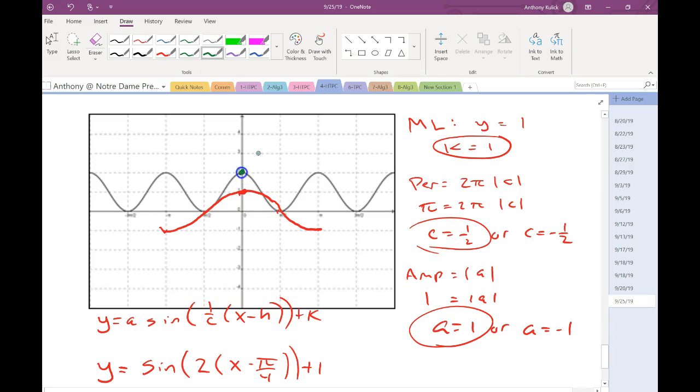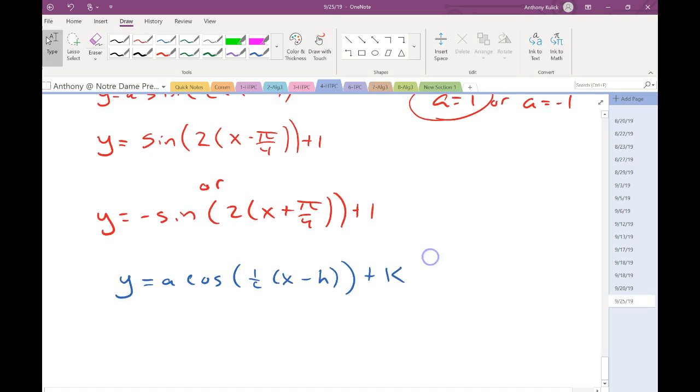So what I notice is that both the maximums are on the y-axis. That just tells me h is 0. So everything else would remain the same, and say y equals cosine of 2x plus 1. And just be done.